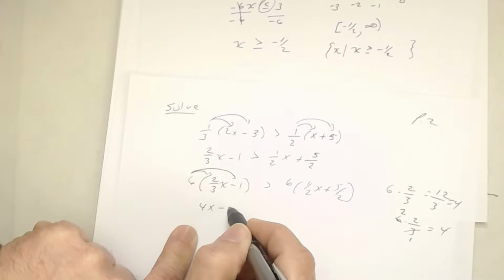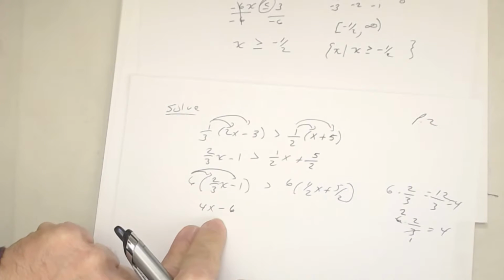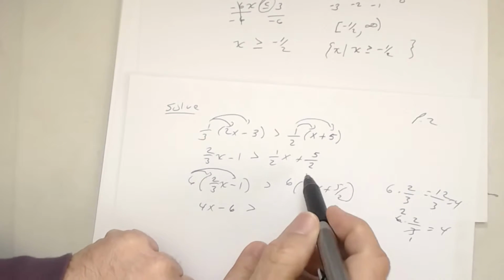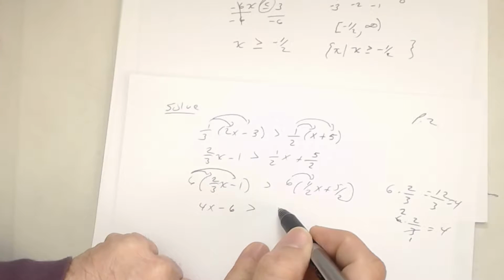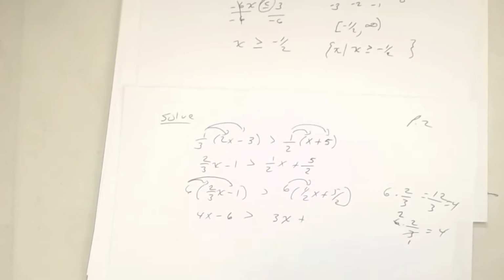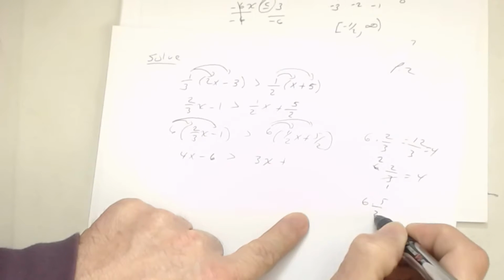Minus, what's 6 times 1? 6. So the expression on the left side is 4x minus 6. Is greater than, all right, now what's 6 times 1/2 x? 3x. Plus, all right, so we have 6 times 5/2.